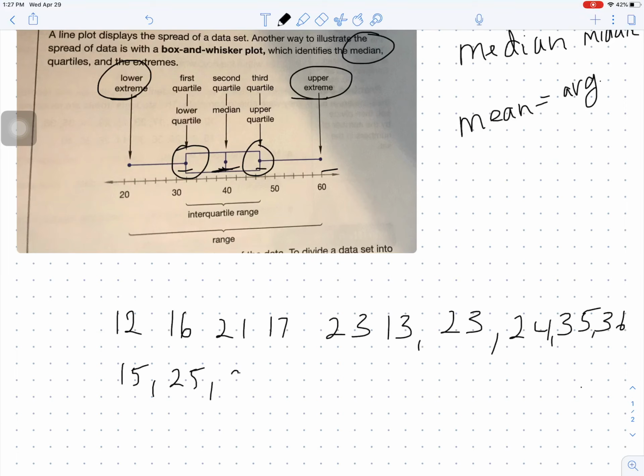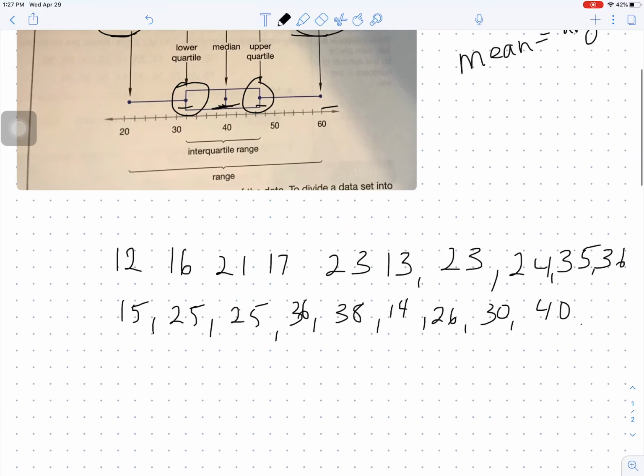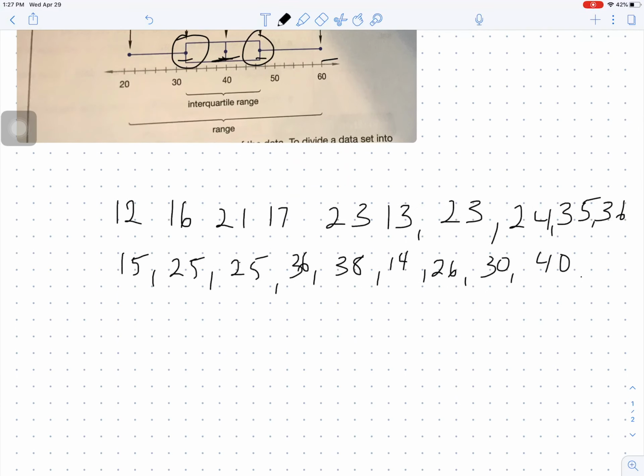We have 15, 25, 25, 36, 38, 14, 26, 30, and 40. We want to get all of those numbers in order to figure out the median and the mode and all of that kind of stuff.